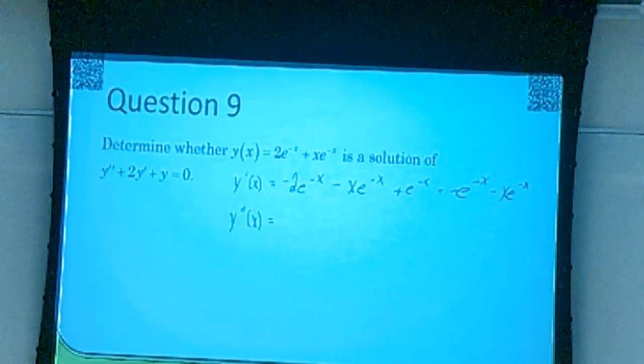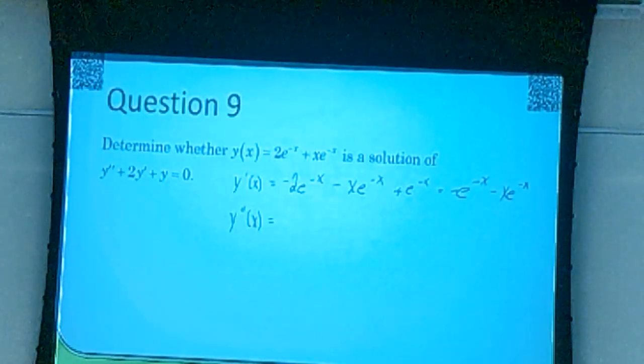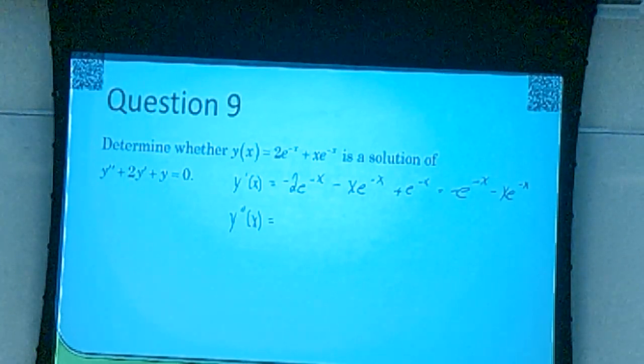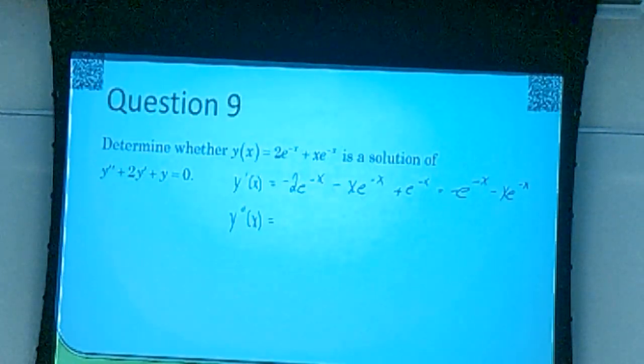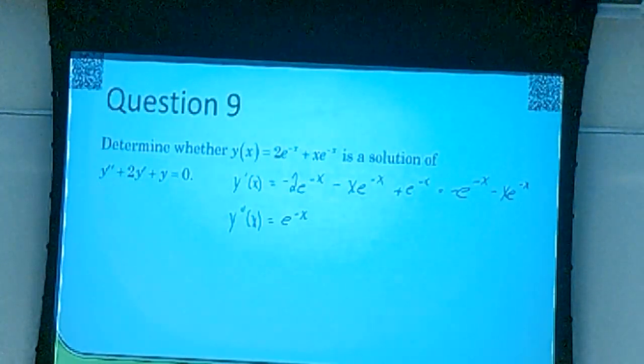Second derivative now. Negative x. What is it? E to the negative x. Keep going.